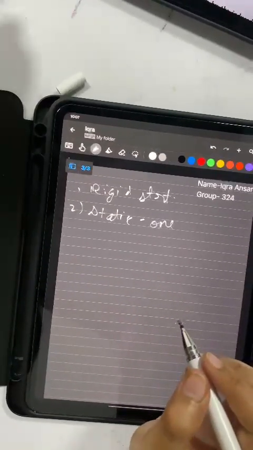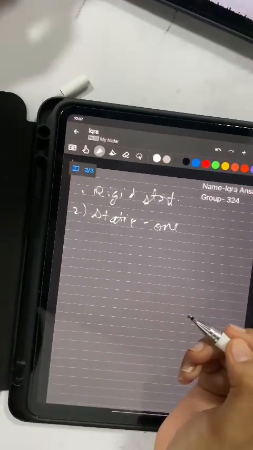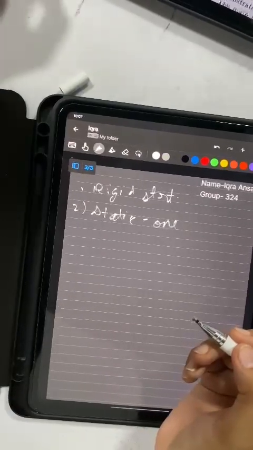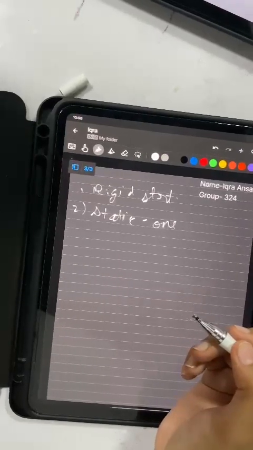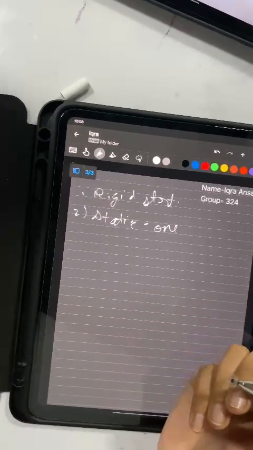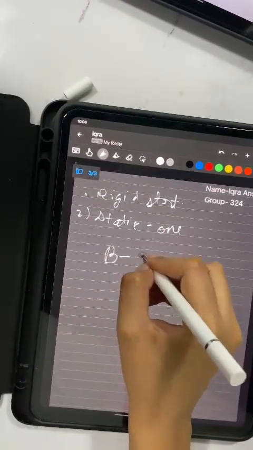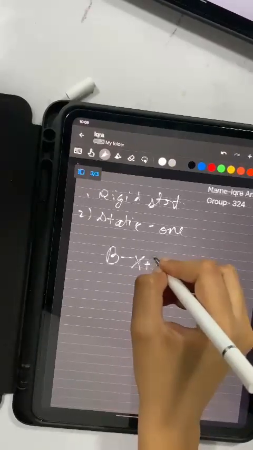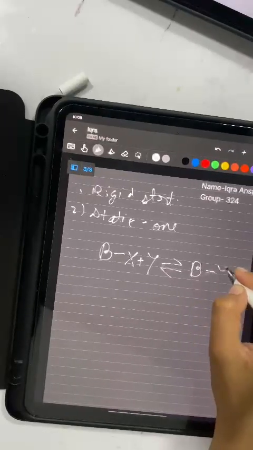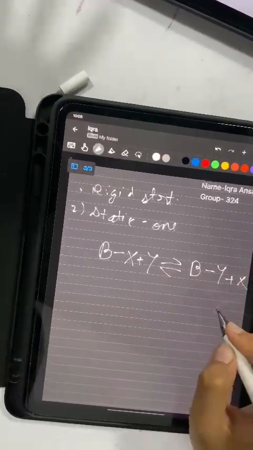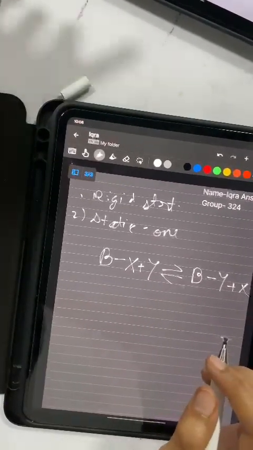Koshland advanced the induced fit theory to account for the specificity of the enzyme-substrate interaction. Let us recall the basic postulate of this theory, which was designed primarily in an attempt to explain the specificity of enzyme-catalyzed bond transfer reactions, given as P plus XY, a reversible reaction, giving PY plus X. The substrate causes a change in the geometry of the enzyme as it fits into the active site.